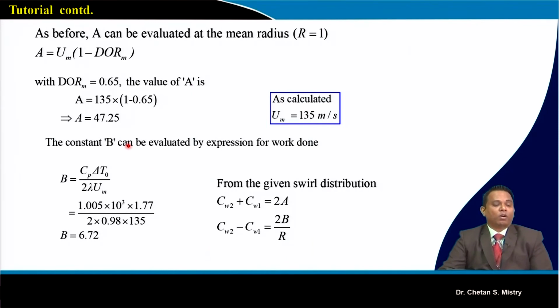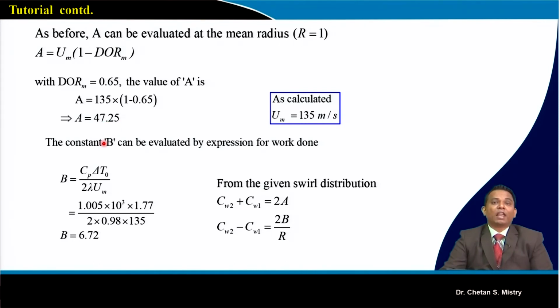Now we want to calculate our constant A. Constant A we write as UM into 1 minus degree of reaction at the mid station. Since we already know my degree of reaction at mid station is given as 0.65, if I put that into this equation, that gives me my constant A, which is 47.25.